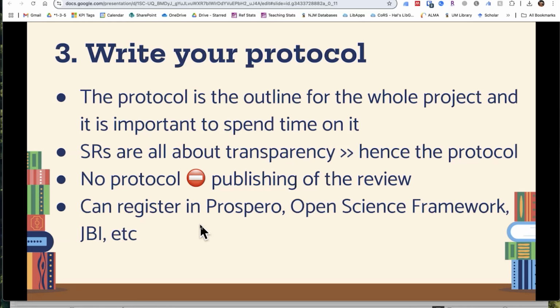So once you publish or register your protocol, you can't really change too much of it. There's some changes that can be made. People might drop out of the project.